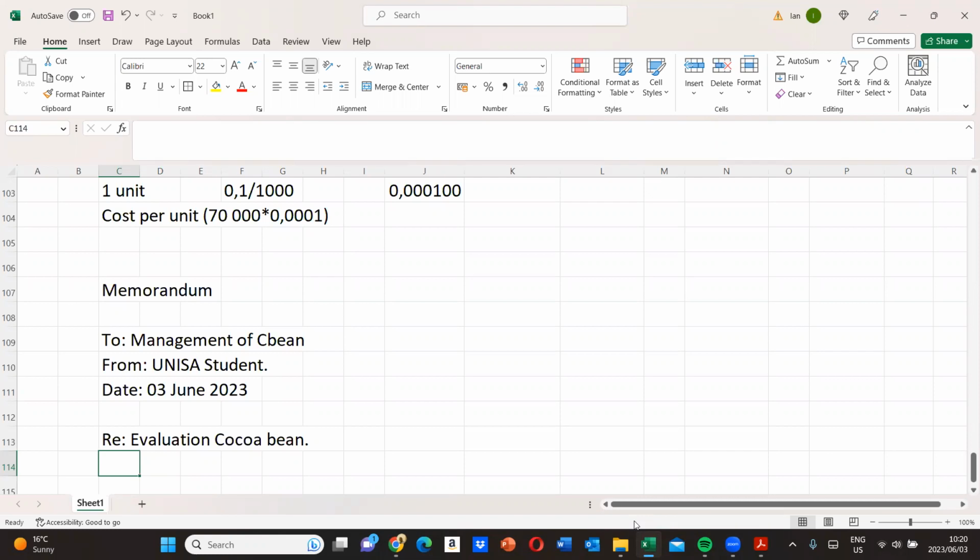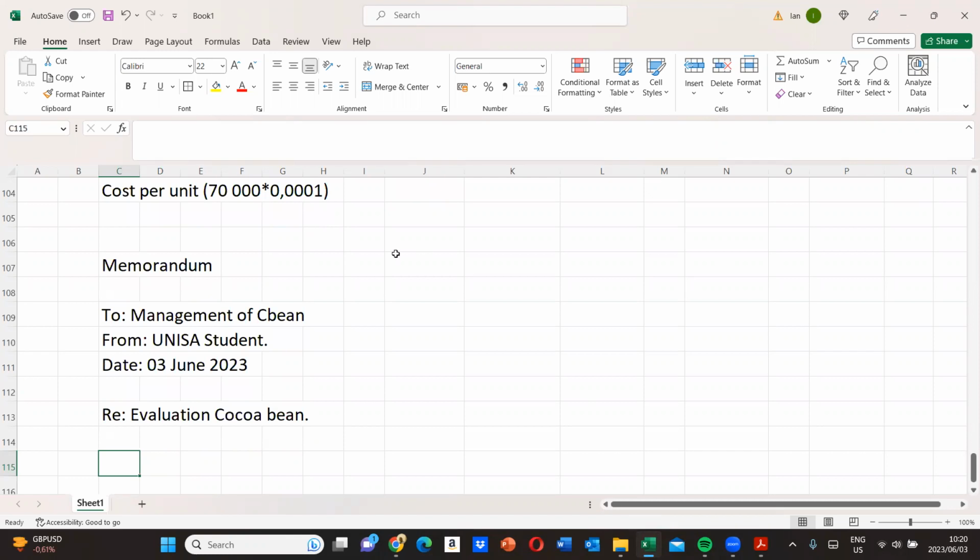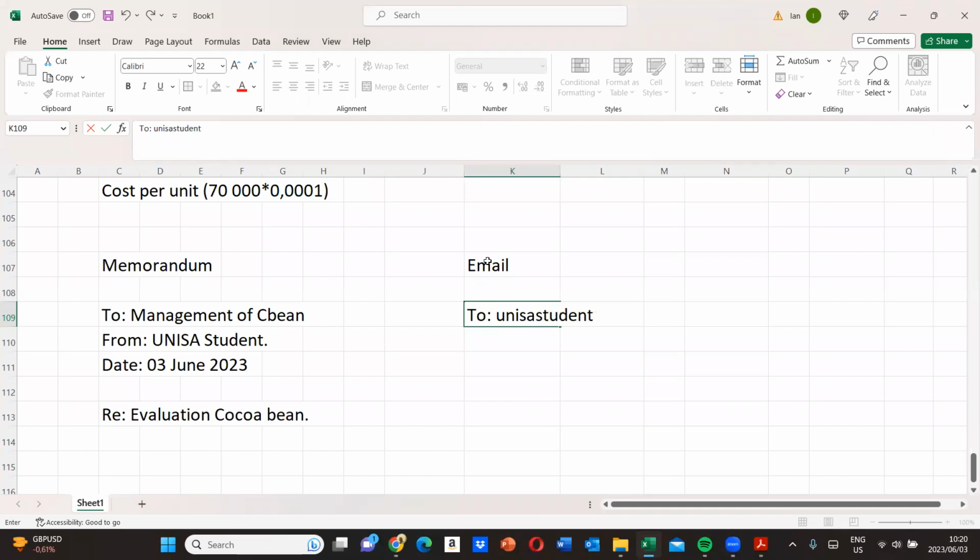So you present it there, and then you write down your story. You start with the memorandum, and then email. Sometimes I've seen they ask you to draft an email. So for the email, it's from where? UNISA student at gmail.com. You write down the email address. Avoid writing your name, of course. Here's where it's coming from, UNISA student, and then to, it's going to who?